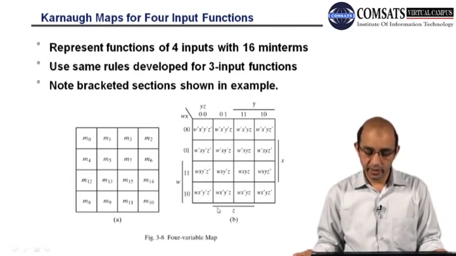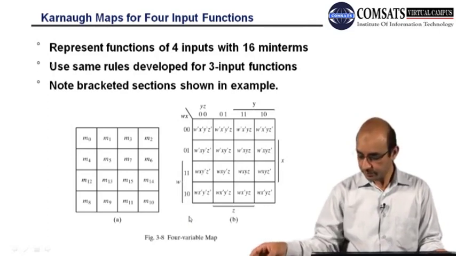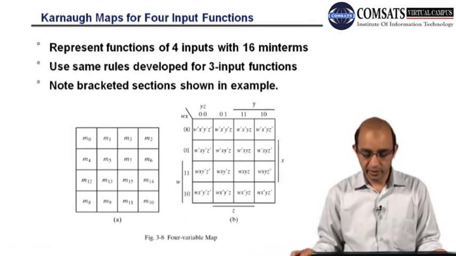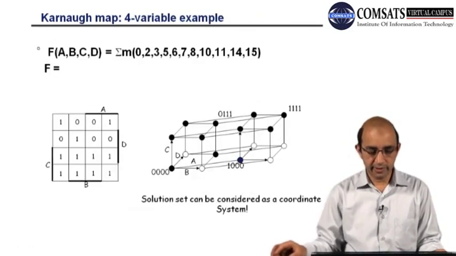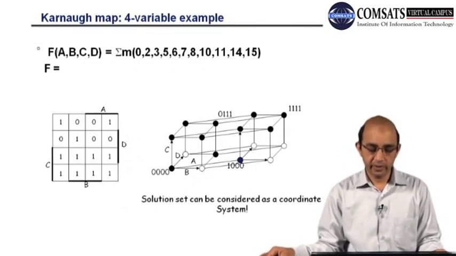Similarly, if we have a middle quad, we are left with Z. And if you have the quad at the bottom, we will be having W. So this is the simplification: if you have all ones in this quad at the bottom, you will be having W only.